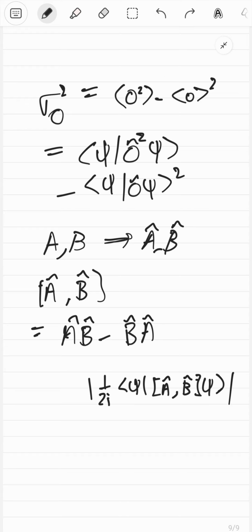So what the uncertainty principle says is that, taking the square root of the variance to give the standard deviation, the standard deviation of the first observable multiplied by the standard deviation of the second observable is bigger than or equal to this thing. This is proved by Cauchy-Schwarz and other stuff, but you can try to do this yourself.